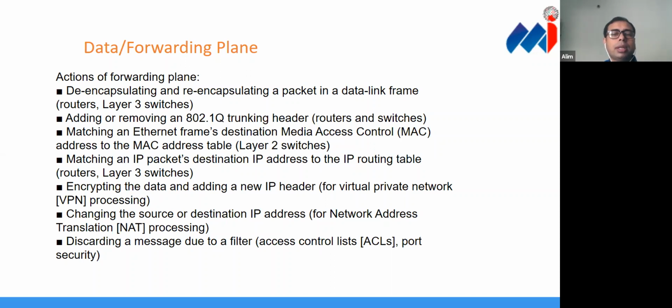Then encrypting the data and adding a new IP header in case of VPN, that is also a data plane activity. Changing the source or destination IP address in network address translation, that is also a data plane activity. Discarding a message due to a filter. So you have ACL, and the ACL action can be deny or drop. In that case, discarding or denying a frame or IP packet is also a forwarding plane activity.